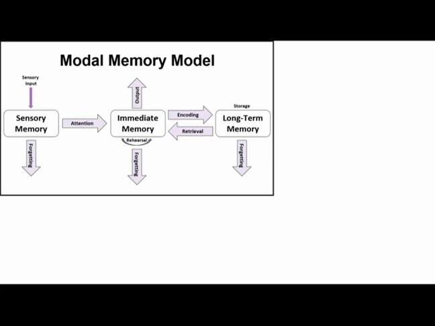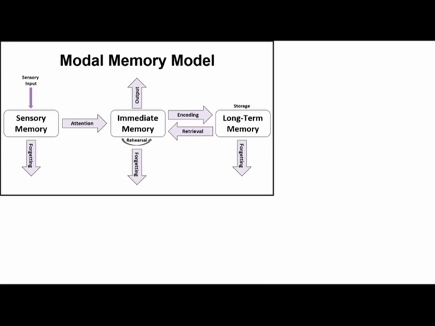At the very beginning, we have our sensory input: things coming in from our sensory receptors, information from our eyes or our ears or whatever. That comes into our sensory memory. You remember our sensory registers, either iconic or echoic registers, which take in visual or auditory information and allow us to hold it very, very briefly.